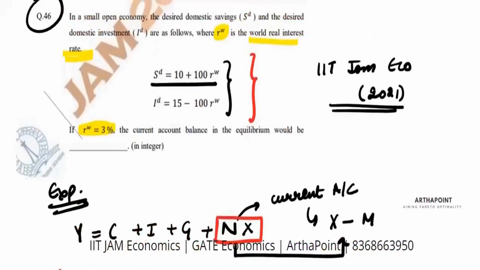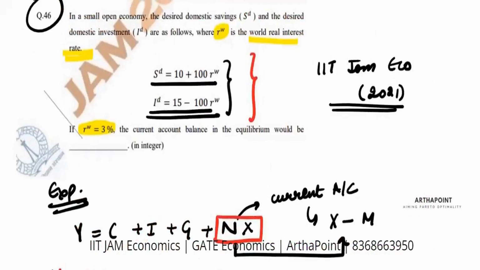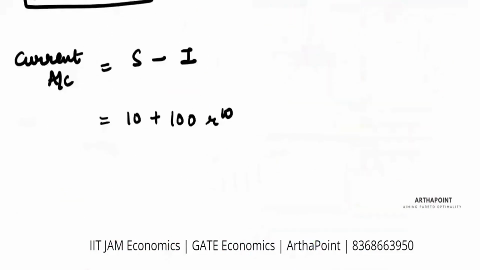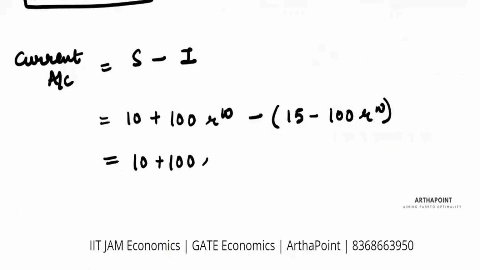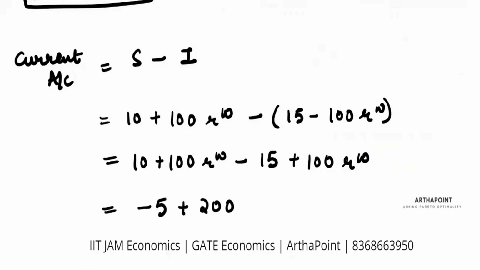The equation of investment is 15 minus 100 RW. So minus 15 minus 100 RW. So this will be 10 plus 100 RW minus 15 plus 100 RW. This will be minus 5 plus 200 RW.